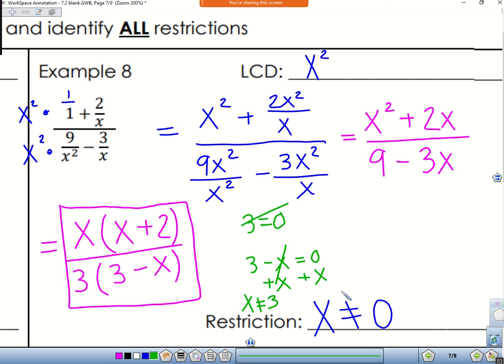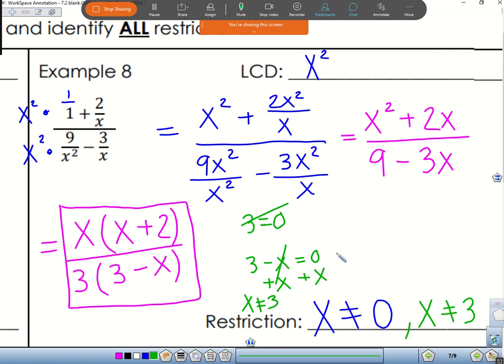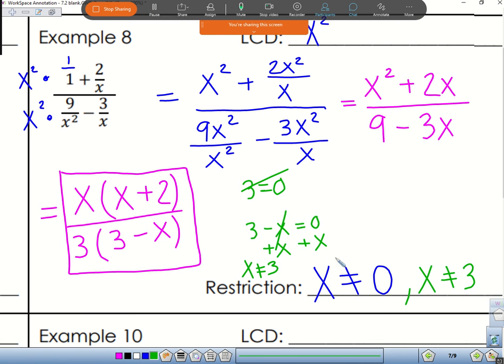X also can't be 3. So you always have to check for new restrictions with this procedure, because there's going to be times where new restrictions come about in these problems. That makes sense? Okay. Let's move on to example 9.